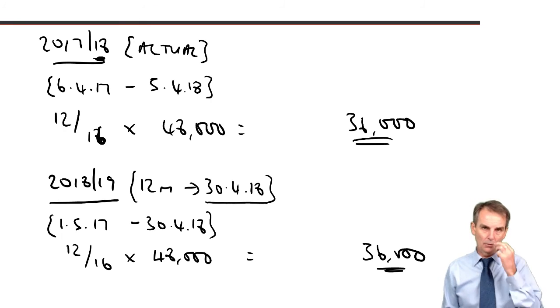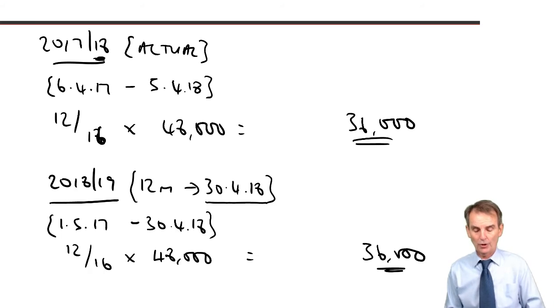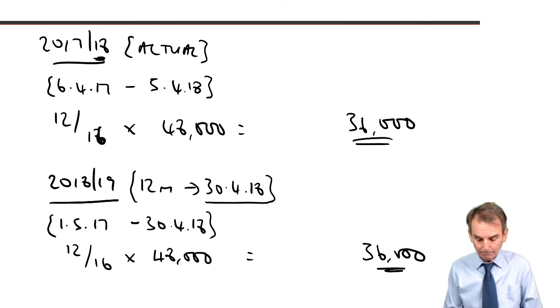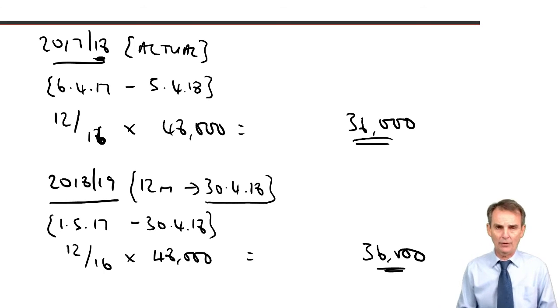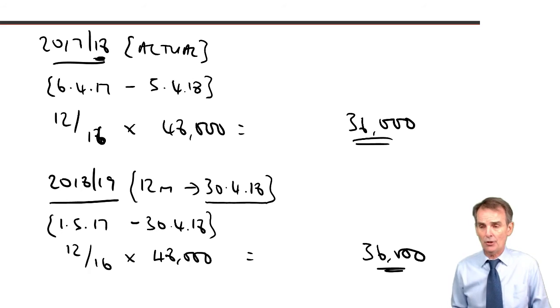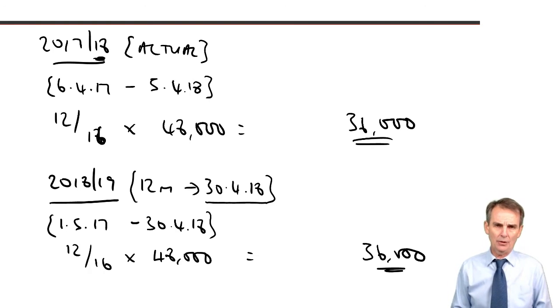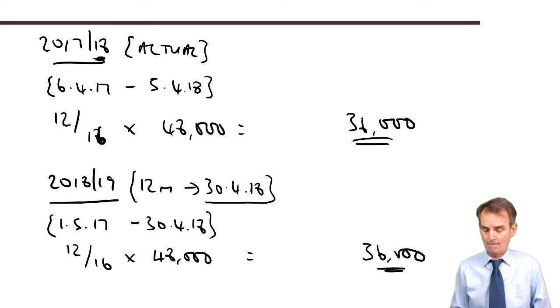I'd like you, therefore, to pause at this point, take a moment to work out what you think that overlap profit will be. You know what then happens to it. It's retained until such time as the business ceases to trade, where it would then be deducted in deriving the assessment for whatever the final tax year may be. But you work out what that overlap profit would be now, please.